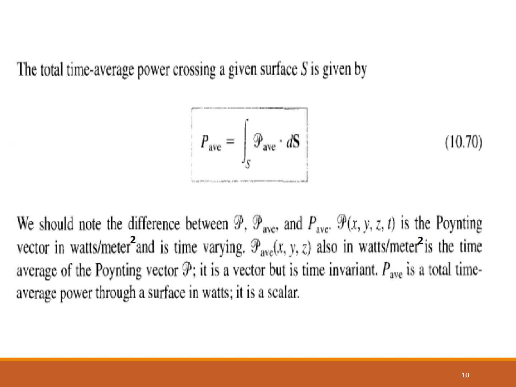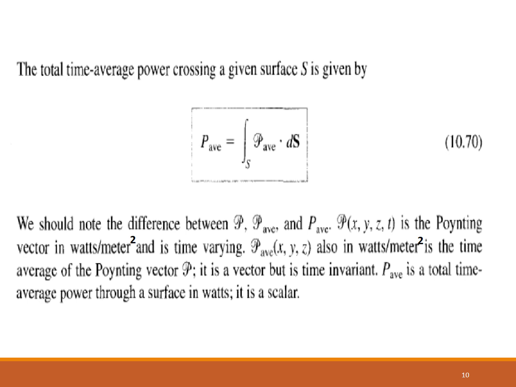So there are three terms that we've discussed with regard to a Poynting vector. The instantaneous Poynting vector, which is represented as P or P of z,t. Then the time average instantaneous Poynting vector, which is given by P average, and also the total time average power, which is given just as P average. So please note the way in which your P is written.